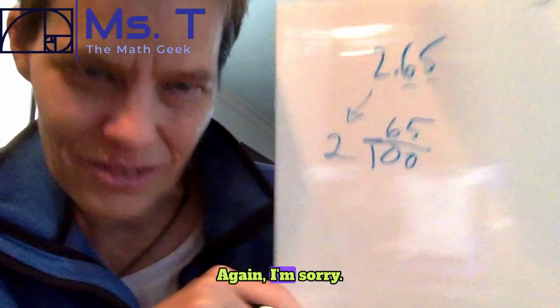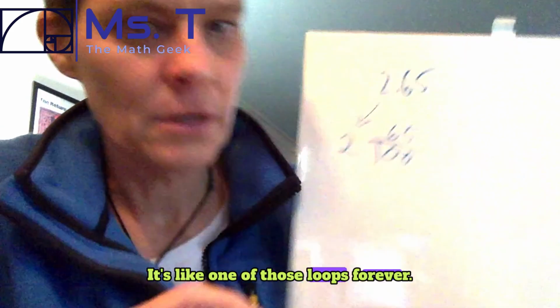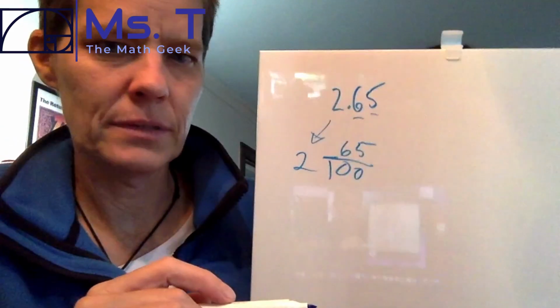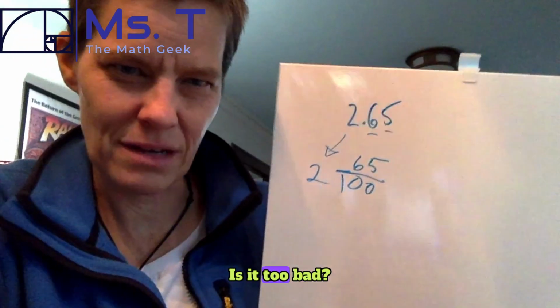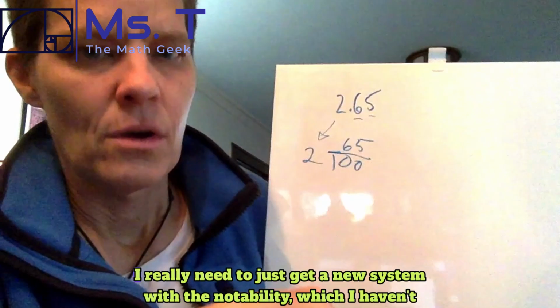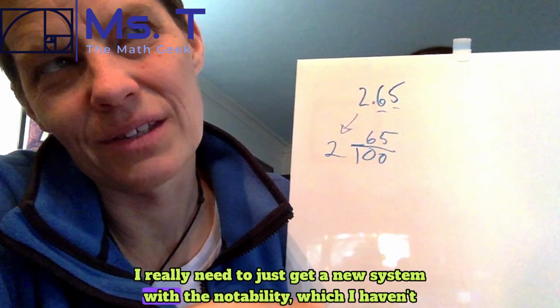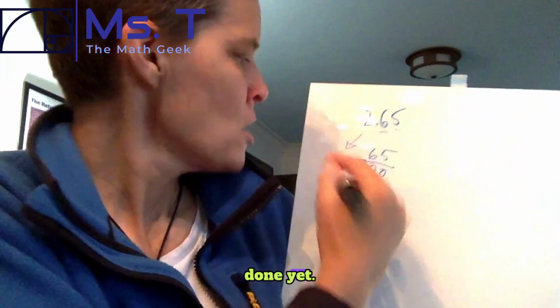Hopefully, again, I'm sorry. I hope the glare's not too bad. Look at the reflection. It's like one of those loops forever. Can you see it? Is it too bad? I know you see picture in picture. I really need to just get a new system with the Notability, which I haven't done yet.